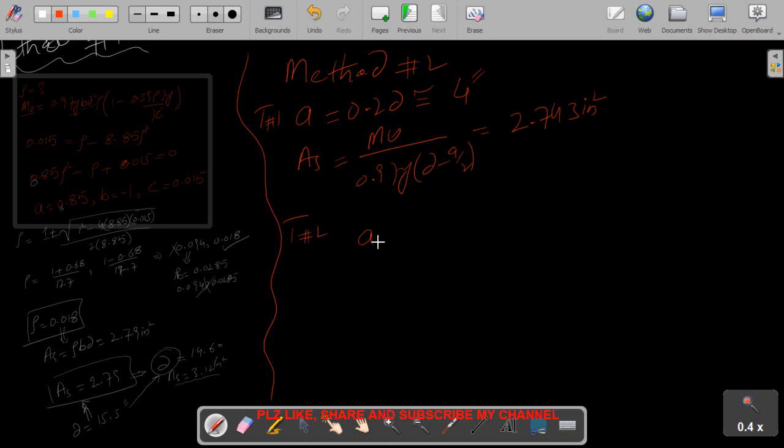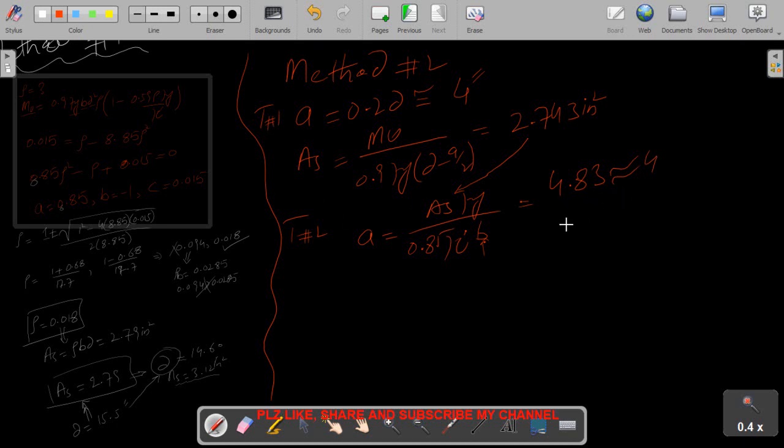So in trial number 2, a is As Fy over 0.85 Fc prime into b. So I know the b value, that is 10 inches. Area of steel will be this one, right? And Fy 60. I got the a value as 4.83, which is close to the previous one. So if your a value in the second trial is closing, right?